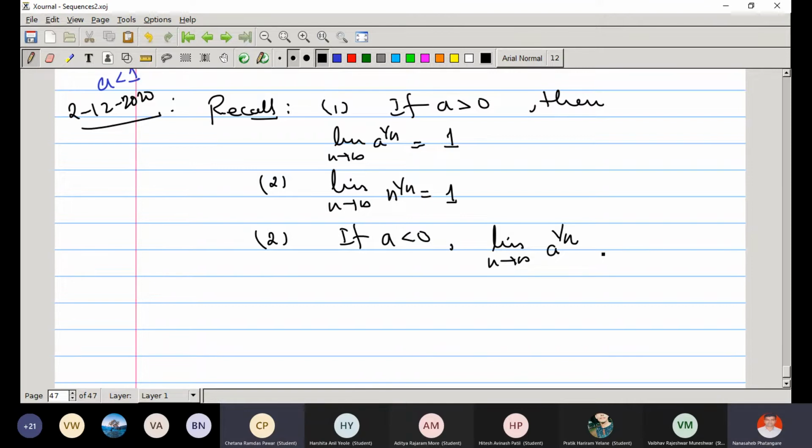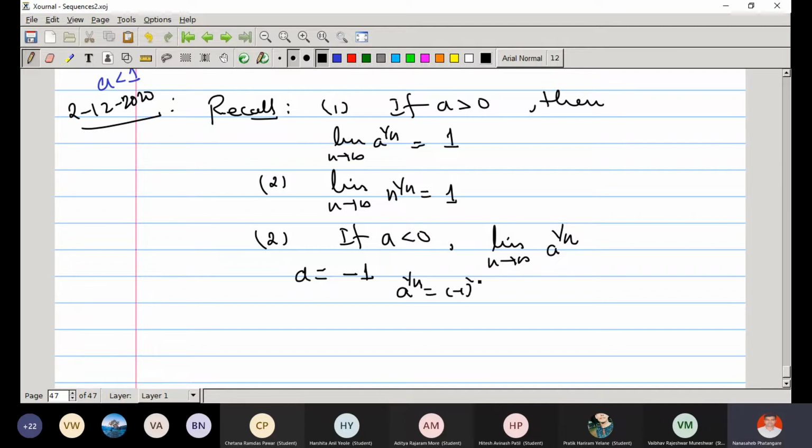What is the limit? Does it exist? Does it make sense? Suppose a is equal to -1. Then what is a raised to 1 by n?